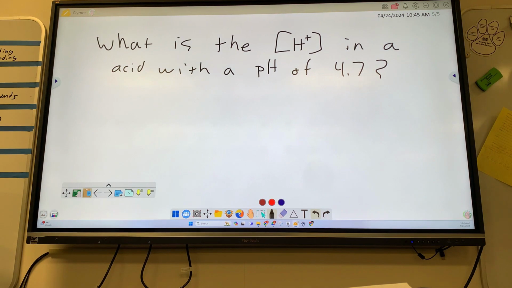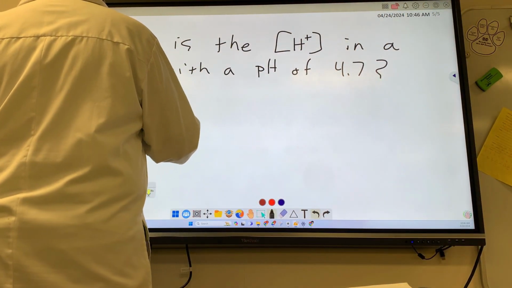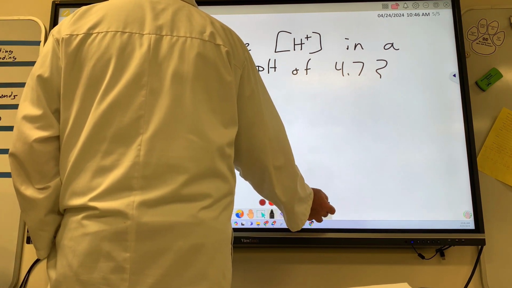So with this, you would go the other way in your calculator. You would have that log button. You're going to hit second. Right? You guys have this button on your calculator?